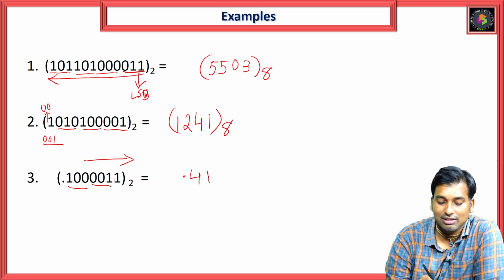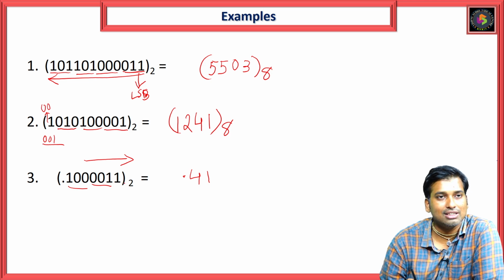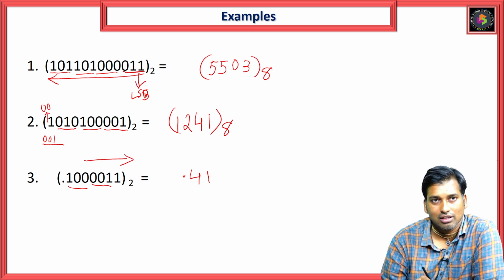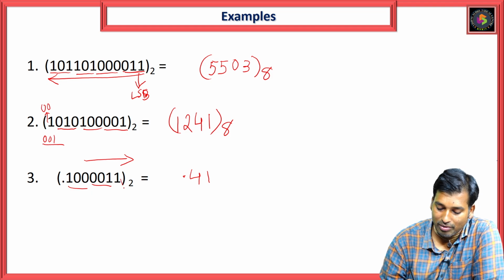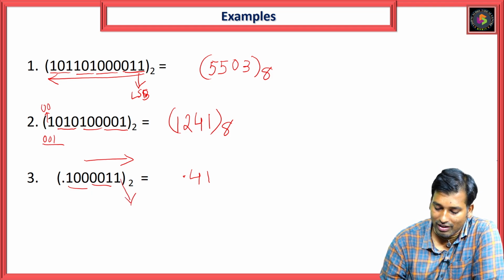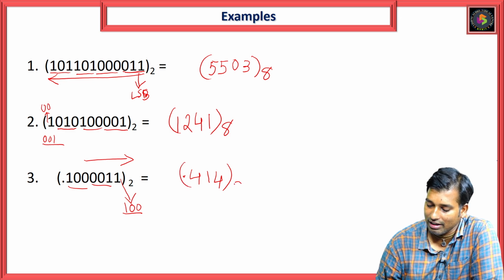As I said, similarly, here also we can add zeros, because it doesn't matter after the decimal point how many zeros we add. To make it 3 bits, we can add 0, 0, so 1, 0, 0 is 4. This is of base 8.